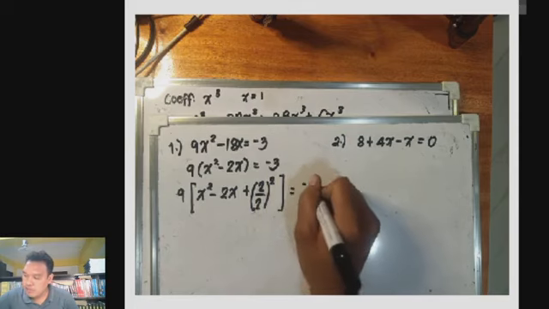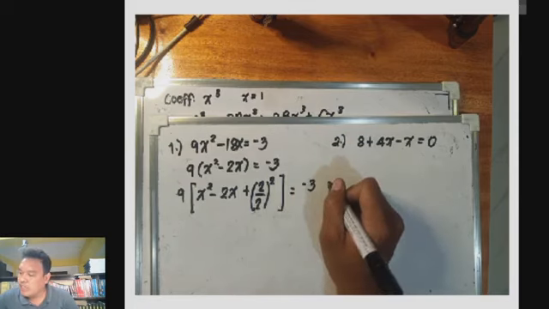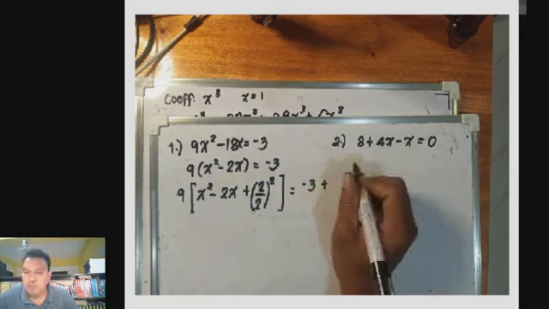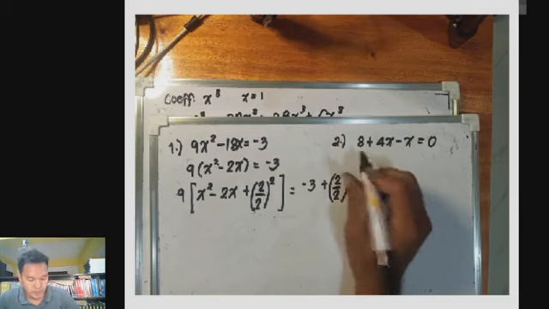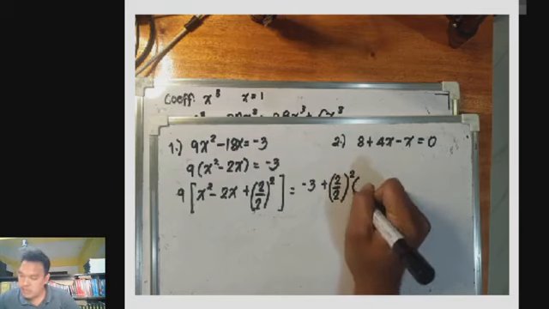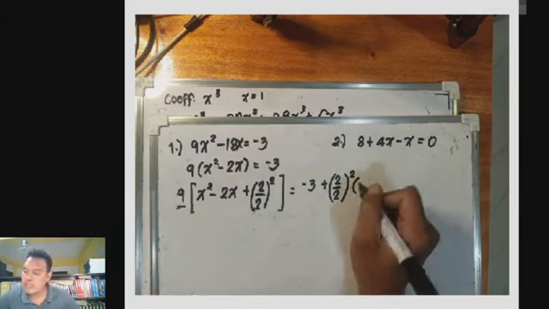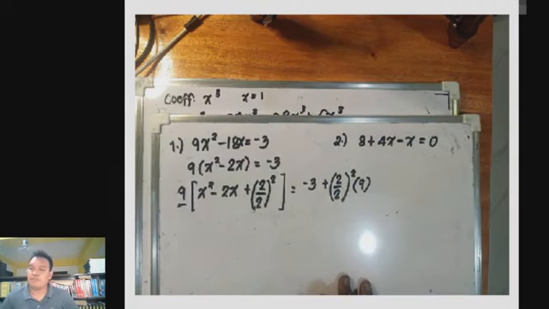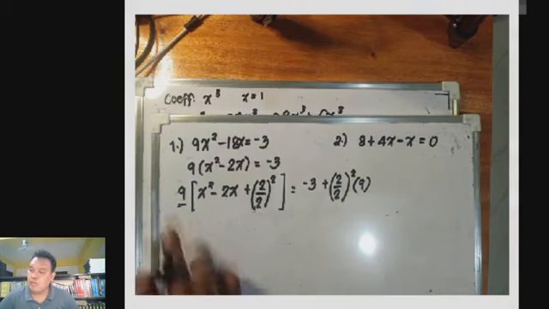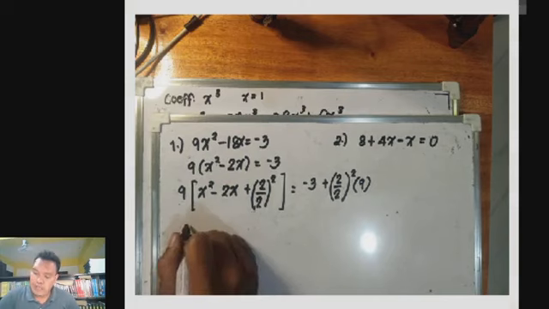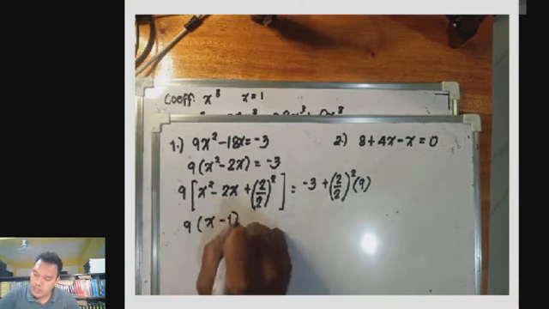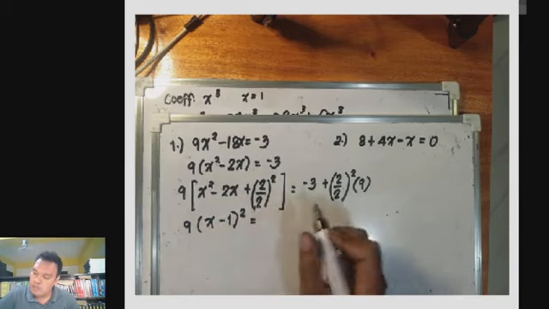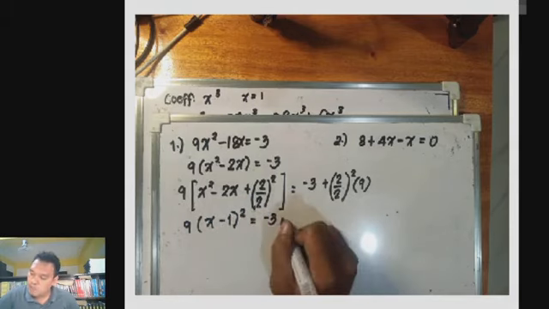Equals negative 3 plus (2 over 2)^2 times the 9 that we extracted. Okay? So we have 9 times (x minus 1)^2 equals negative 3 plus 9.